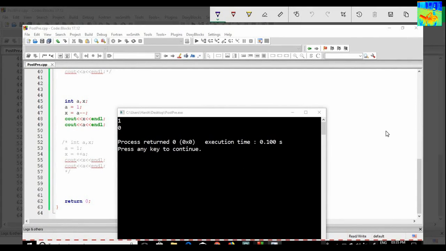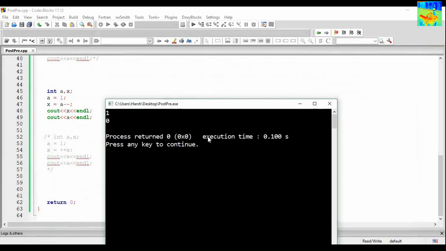Initially the value of a is 1, and then you write x equals a minus minus, which is post-decrement. Post means first you assign the value, so x equals 1, and then you decrease the value, so a is 0. So this was post-decrement.